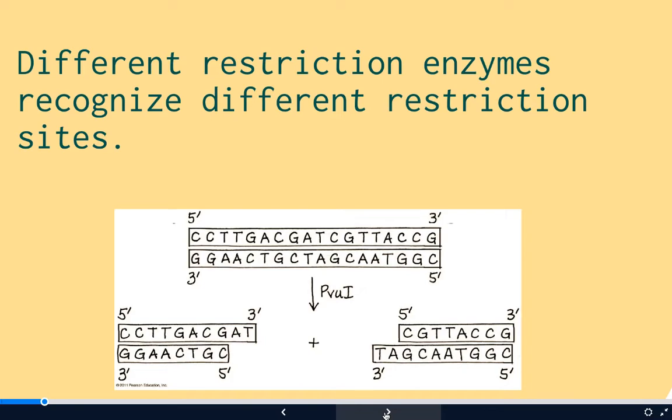So this particular restriction enzyme is PvuI, and you can see where it's cutting, right? So here's the sequence, the 5' 3' end, right? And it cuts in between these ends, and it leaves open what we call a sticky end, and we'll talk about that in a minute.